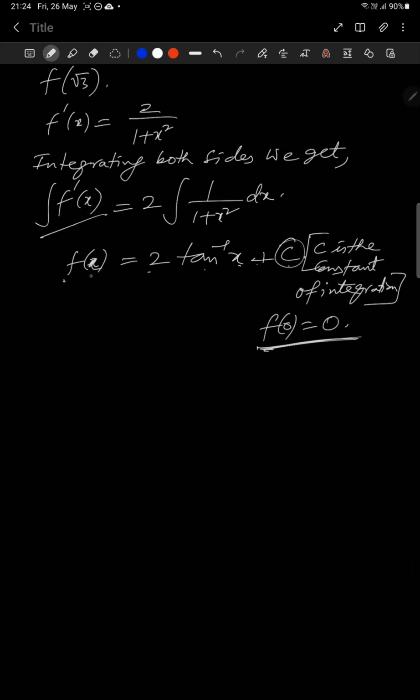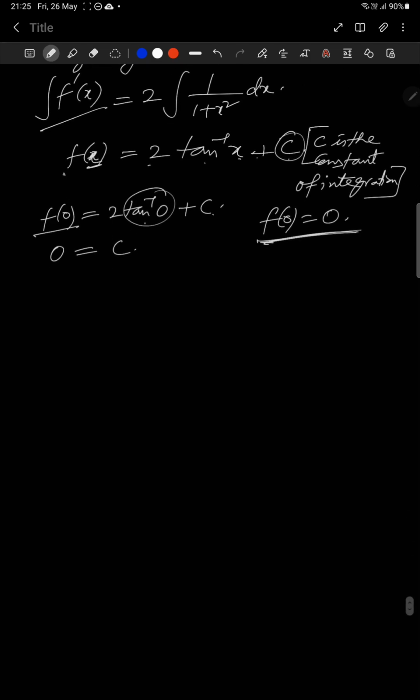So let us put x is equal to 0, then f(0) is equal to 2 tan inverse of 0 plus c, and tan inverse 0 is nothing but 0, and this one is also 0. So finally c is coming as 0. So f(x) is equal to 2 tan inverse of x plus 0, so f(x) is equal to 2 tan inverse of x.